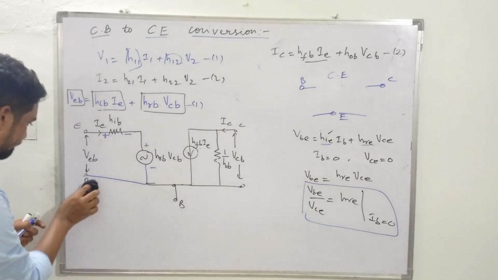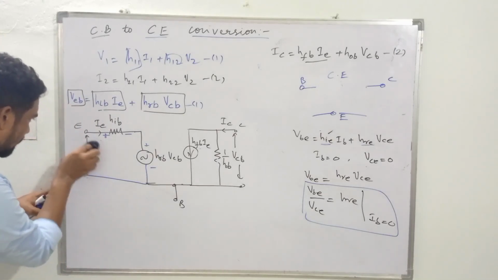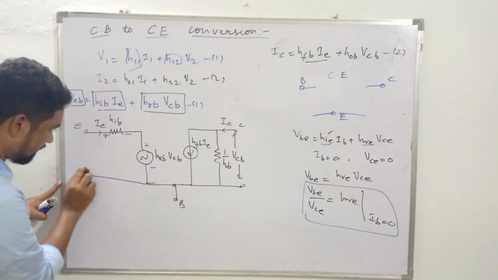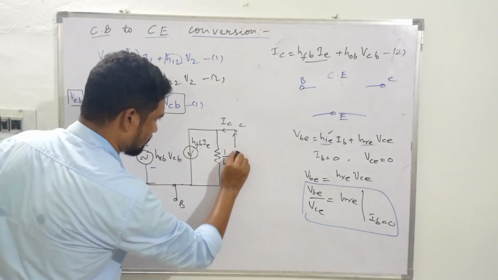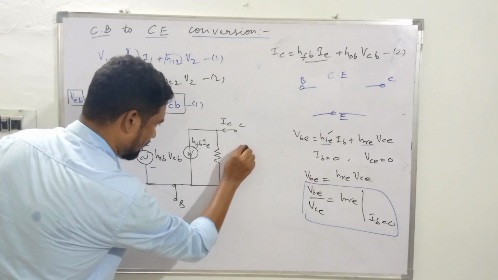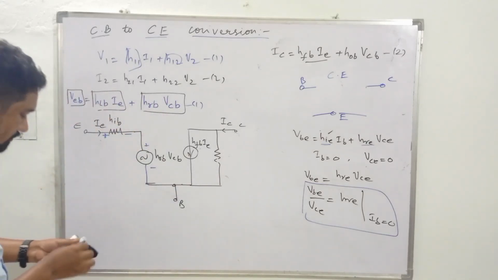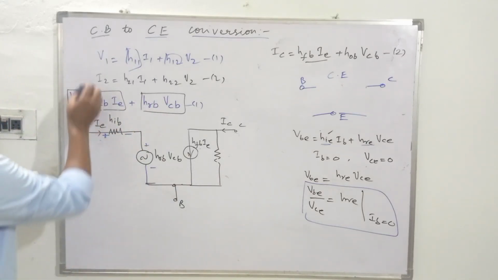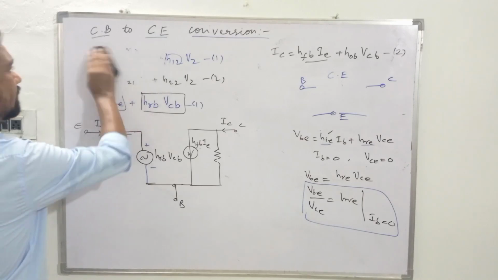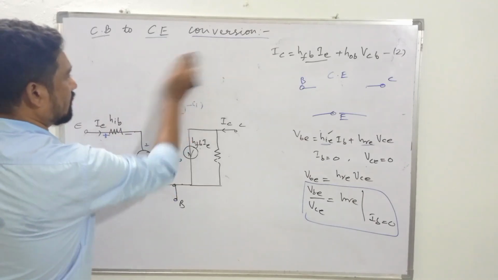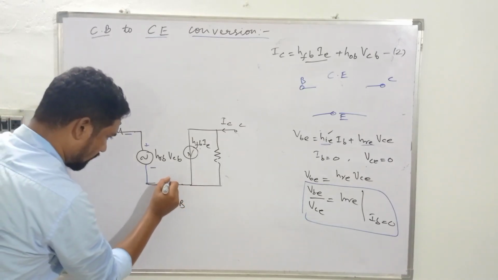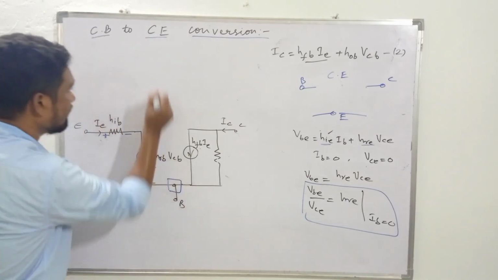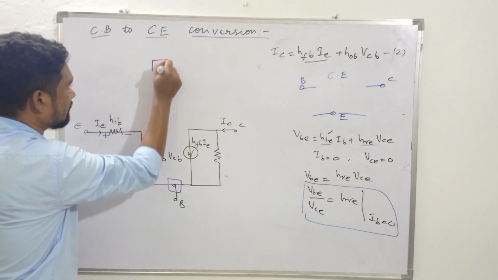For the time being, we don't need this one in this conversion. Base is this, and we have this one. And let this be converted for common emitter configuration.